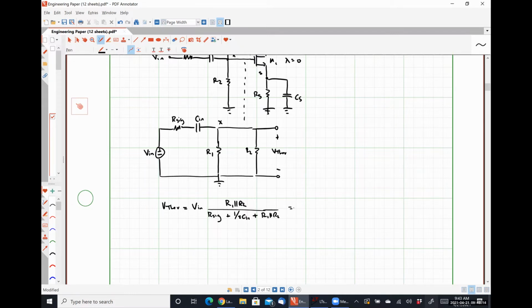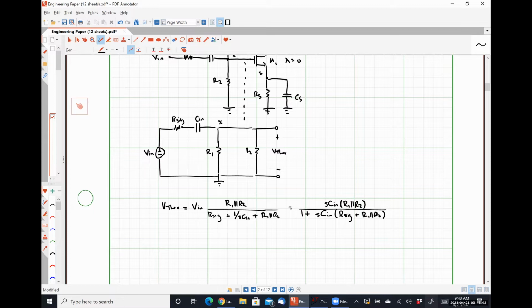And if I multiply through by a factor of SCN, I get 1 plus SCN times R sig plus R1 in parallel with R2 in my denominator, and SCN times R1 in parallel with R2 in my numerator.